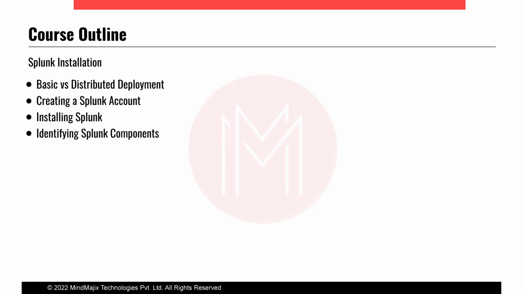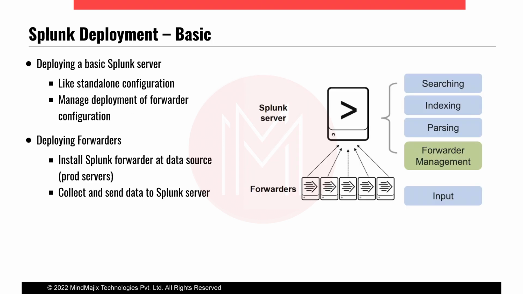But for our purposes, we are going to talk about the basic deployment, which can be seen at a lot of customers' instances. This is the deployment similar to the standalone configuration, but it is managed using forwarder configurations. Here in the diagram, you can also see that there are forwarders which are deployed.